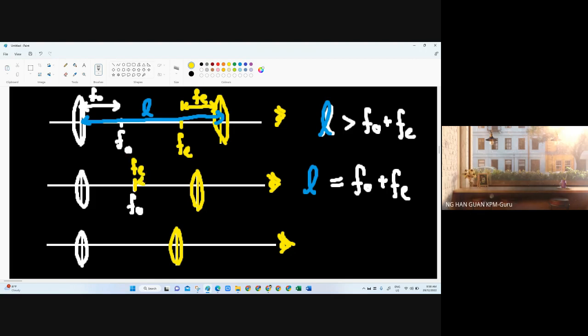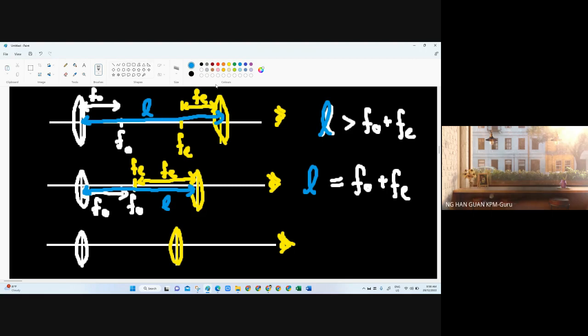Here to here is FE, the focus length of the eyepiece lens, and here to here is FO, the focus length of the objective lens. Since the length between the lenses equals FO plus FE, FO and FE share the same point, so their total is equal.